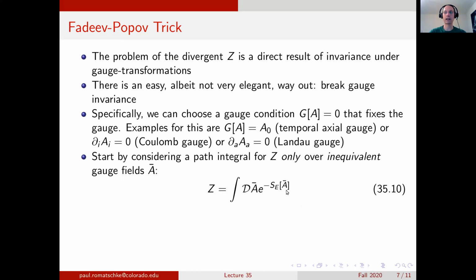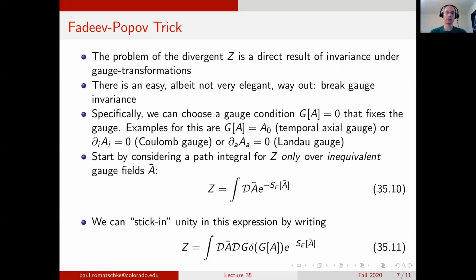We don't double count, we don't have any infinite contributions from these gauge orbits, because every inequivalent configuration is counted exactly once. We can stick in unity in this expression by integrating over the gauge condition G times the delta function of G. So this is obviously unity, and we don't change any of the other expressions. So this is the same expression that we had in equation 35.10.